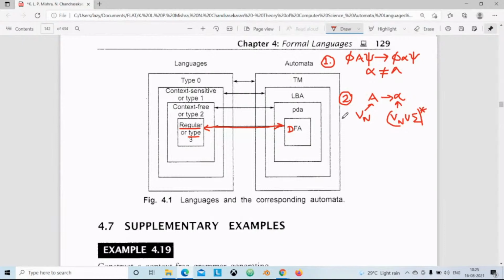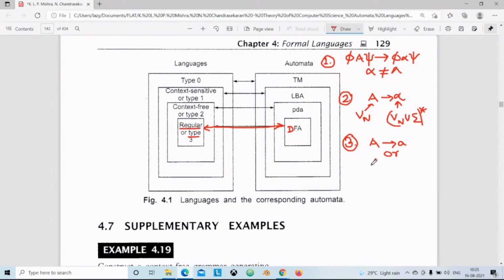Okay, and the type 3 just now we have seen. What is type 3? Type 3 is A tends to small a or A tends to small a B, in this form.